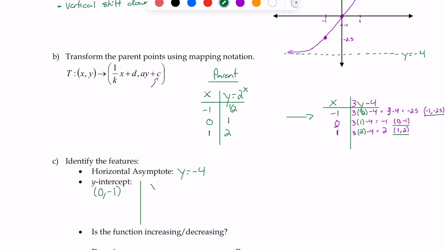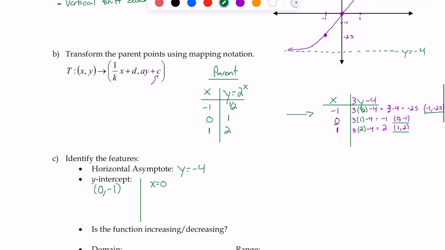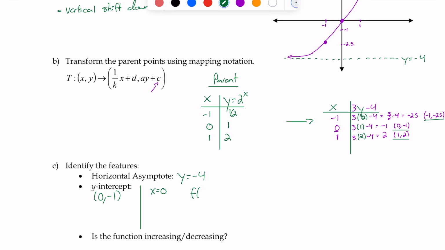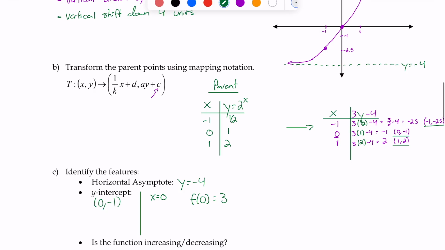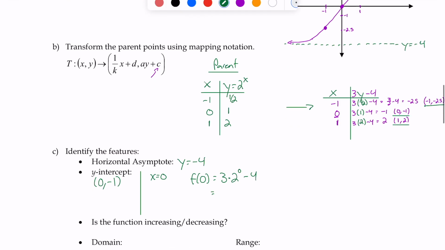You can calculate it by just substituting in 0 for your x into your original function. So I would plug in 0 into my function being 3 times 2 to the x, minus 4. So now I'm subbing in 0, so that's 3 times 1, minus 4, or -1. So yes, algebraically, we got the same y-intercept.